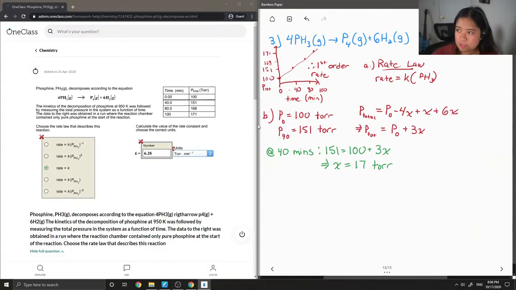Okay, so from here, I can now calculate the concentration of the phosphine at 40 minutes. So this is going to be our initial minus the 4, and then I'm going to sub in 17, and then I'm going to get 32 torr.